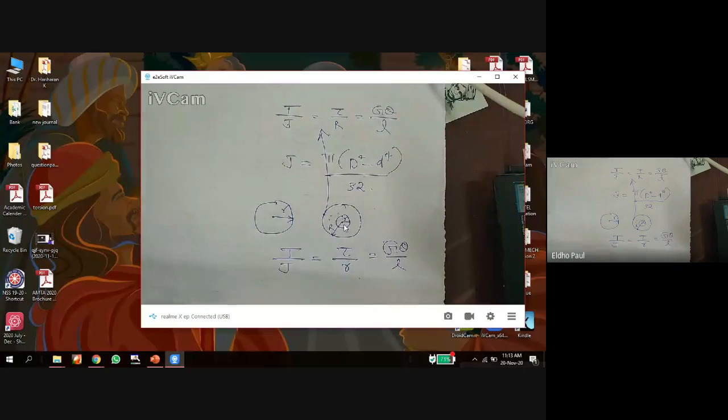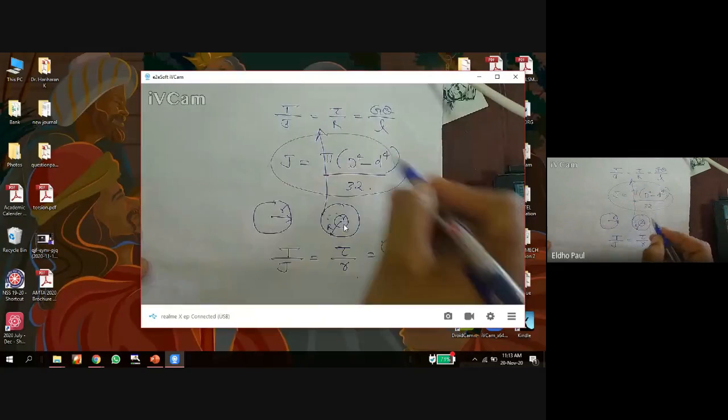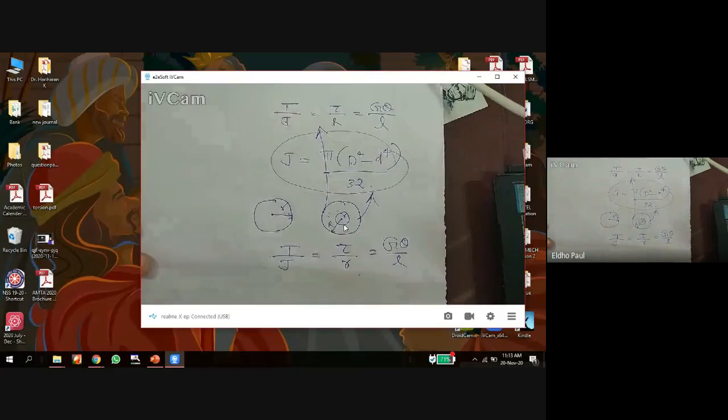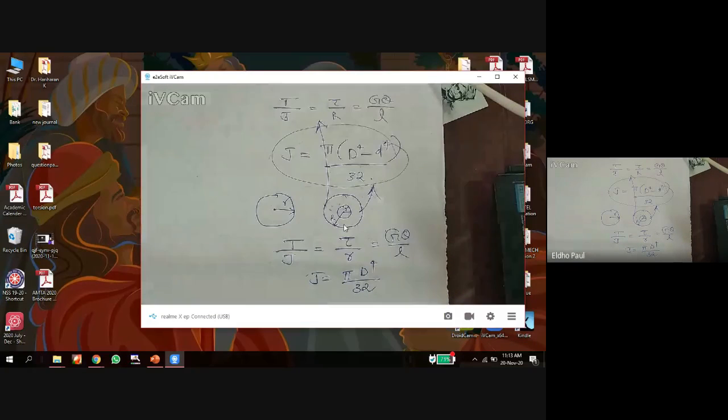That is the only difference. And one more difference is the J value. The J value is the main difference. Here in the hollow shaft, this is the J value. In the case of the solid shaft, J is equal to pi into D raised to 4 by 32, corresponding to this capital D. That is the only difference.